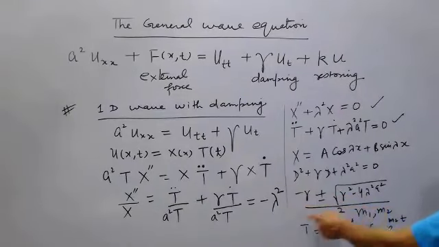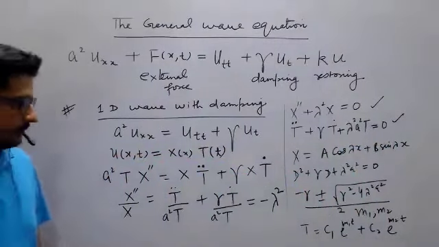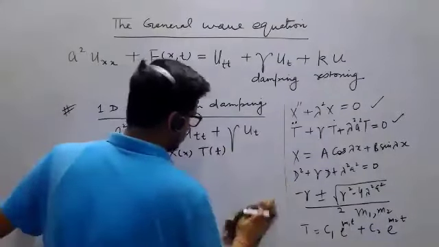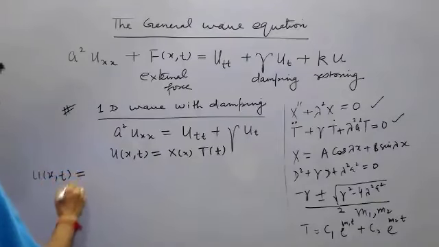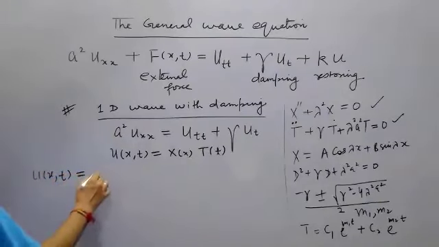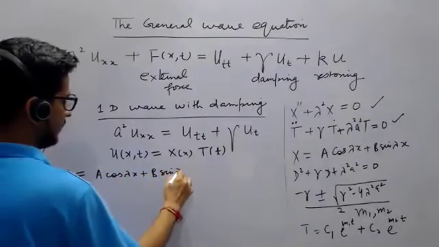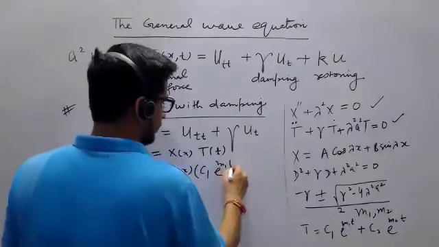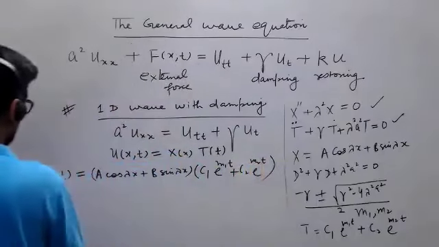First root is with positive sign and second root is with negative sign, and the product of these is our solution. So u of x comma t is equal to a cos lambda x plus b sin lambda x into c1 e to the power m1t plus c2 e to the power m2t. This is the solution.